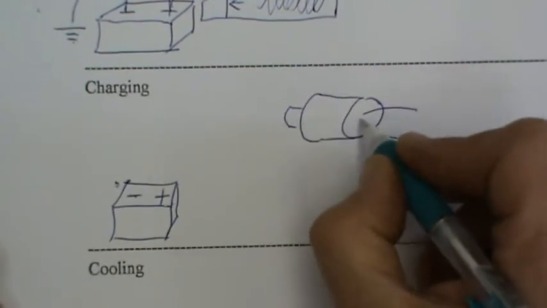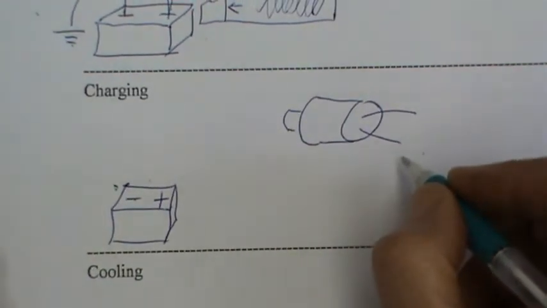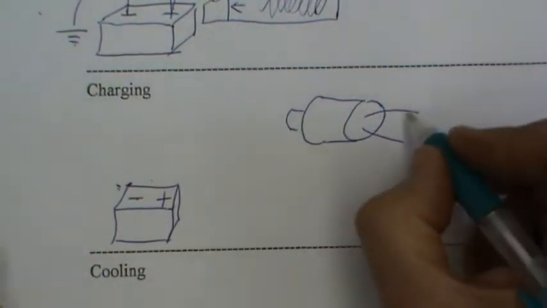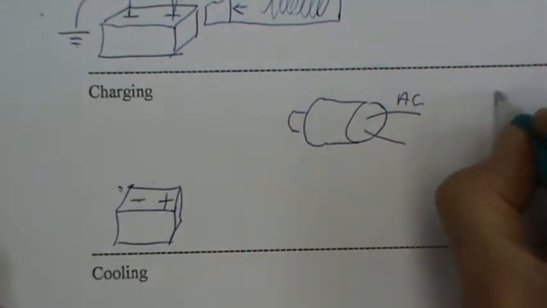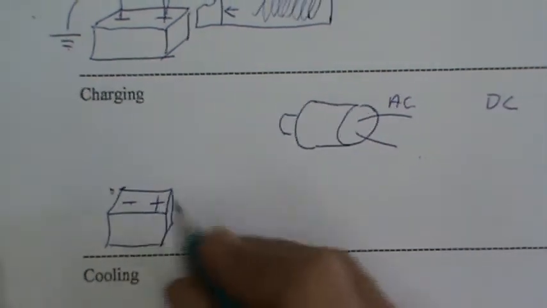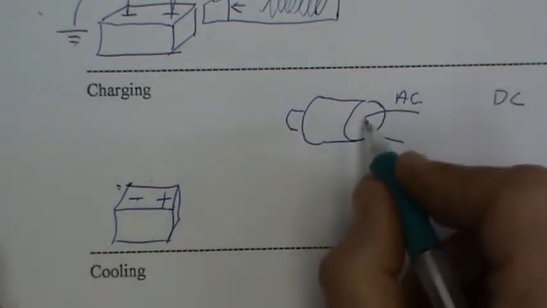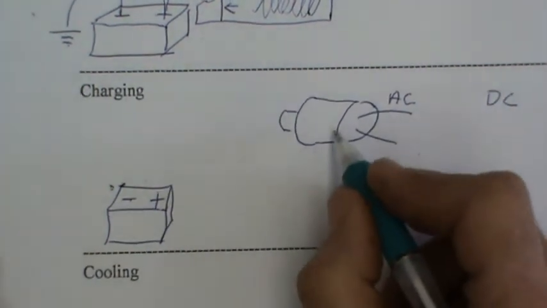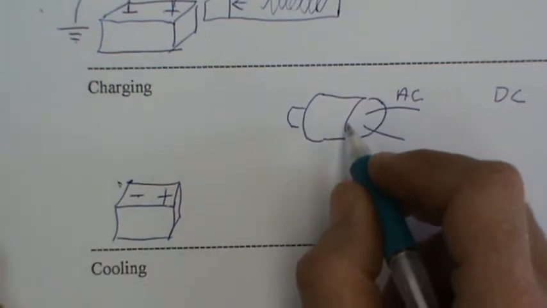Sometimes it's done inside the back of the alternator, that's probably more common these days. But we've got to change the AC into DC so that we can charge the battery, because you can't charge the battery with AC. So we've also got to control the voltage so it doesn't go over about 14.7 volts.